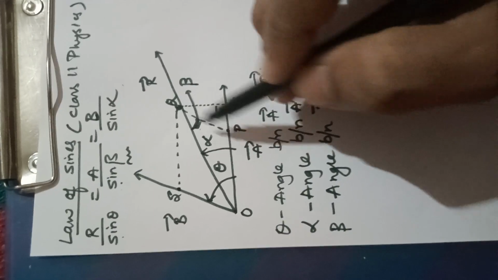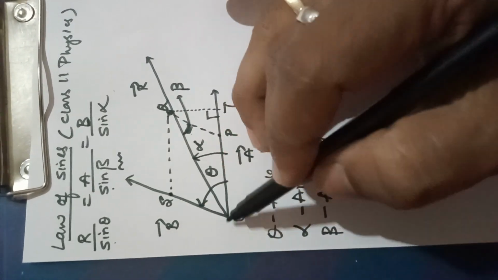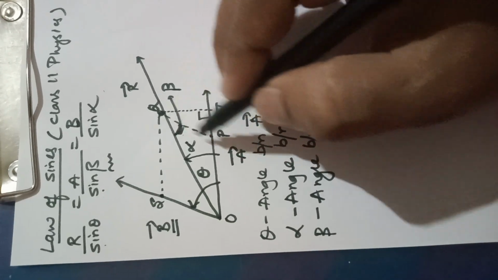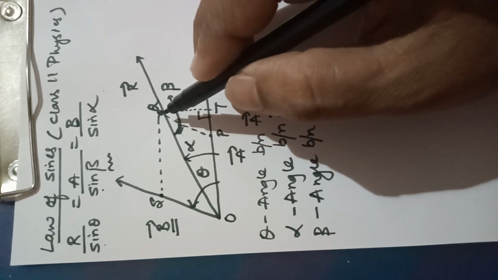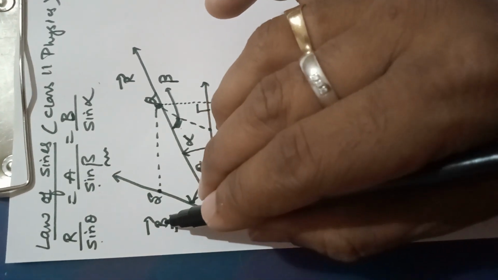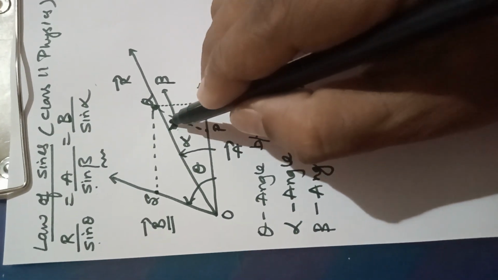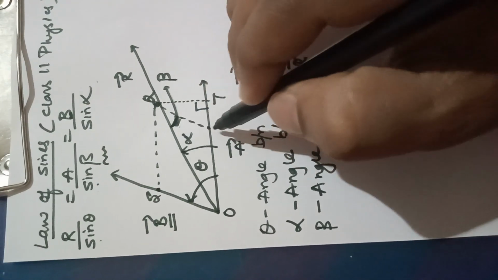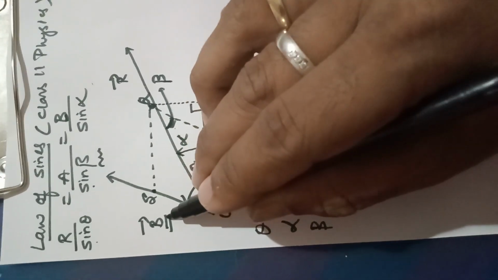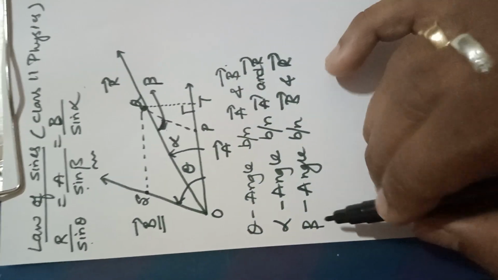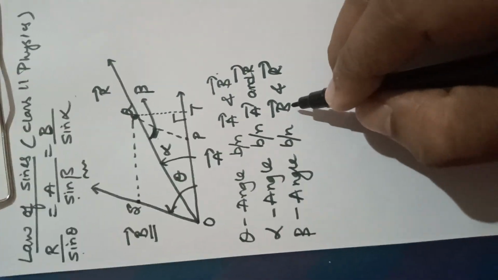So PQ will be equal to OS, and OS is representing the vector b. So I can call PQ a representation of this vector b, and this is angle beta. This angle lies between PQ, which is nothing but vector b, and the resultant vector, that is OQ. So beta is the angle between vector b and vector r.